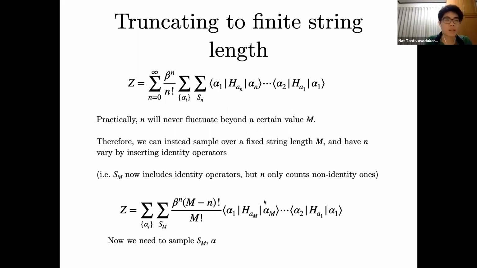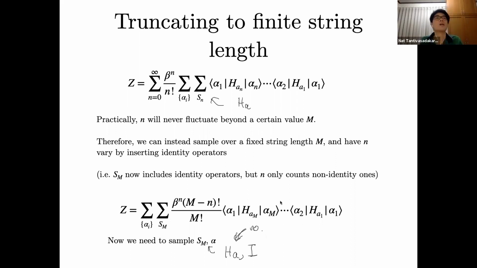The number of operators that I insert will never, in practice, go beyond this big M. Here, S_n was sampling over terms in the Hamiltonian H_a, but now S_M is sampling over H_a and also the identity. And little n is just the number of non-identity operators that I insert into my string.